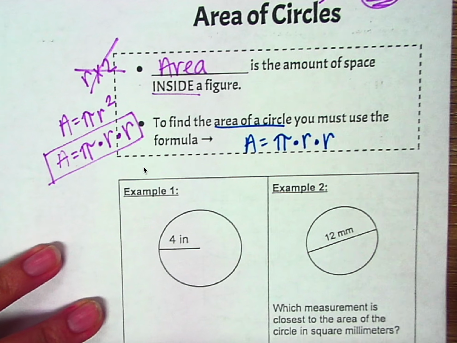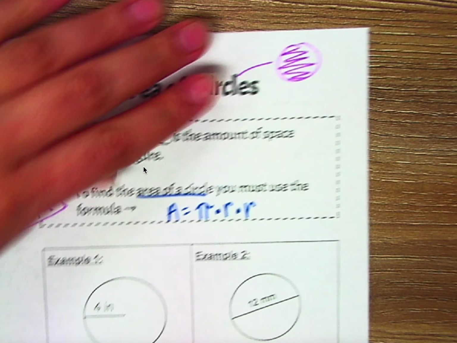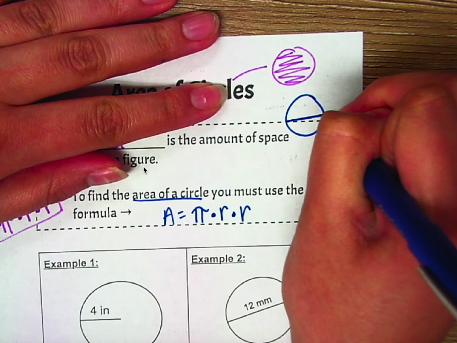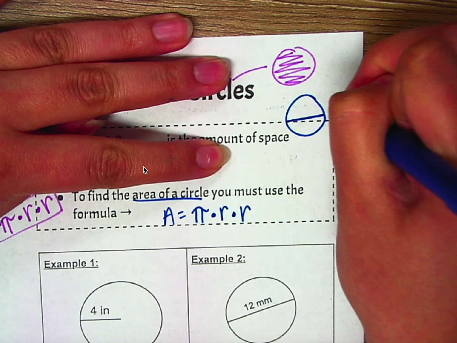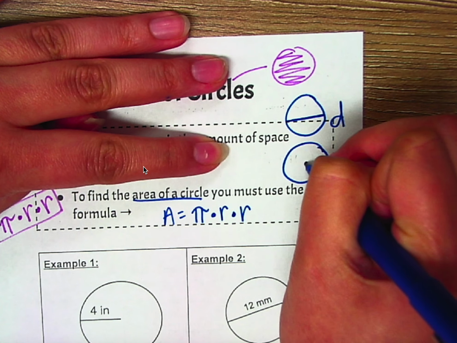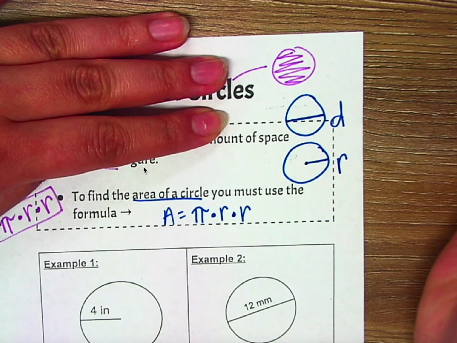Okay. So a quick refresher over parts of the circle. If they give you a circle that has a line going all the way across, that is your diameter. If they give you a circle and the line is only halfway, that is your radius.